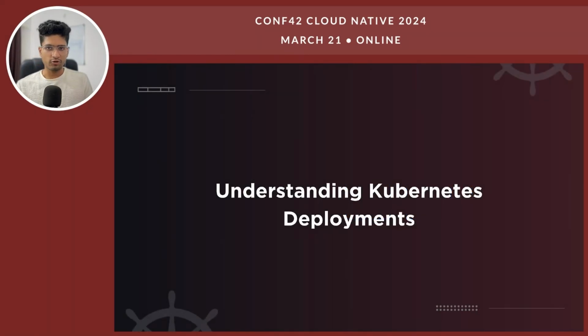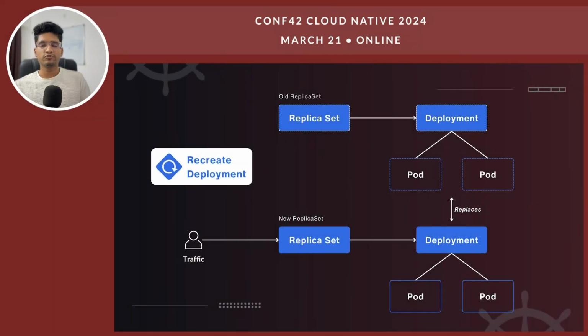So Kubernetes out of the box offers us two different deployment strategies. One is the recreate deployment strategy and another is the rolling deployment strategy. So first, let's take a look at the recreate deployment strategy. So this is a brief overview of how the recreate deployment strategy works. The process goes this way.